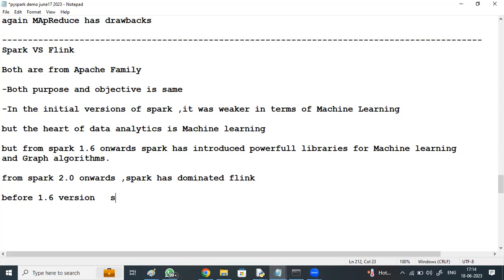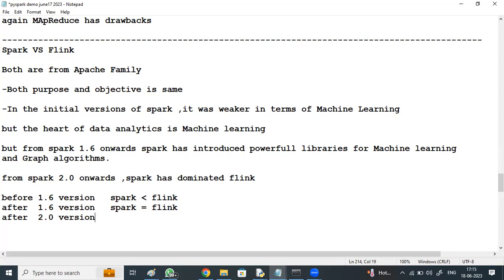Before the 1.6 version, Spark was less than Flink.